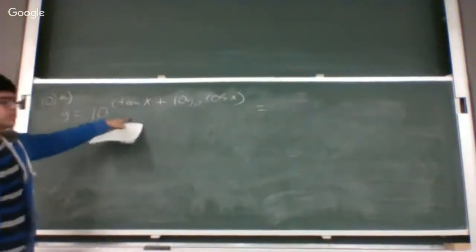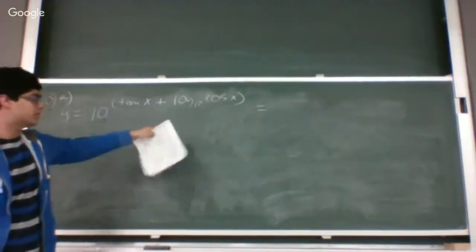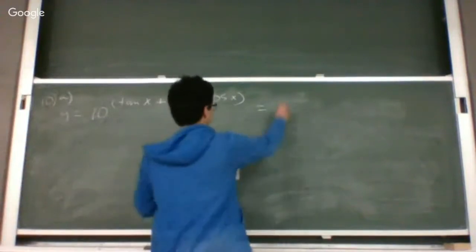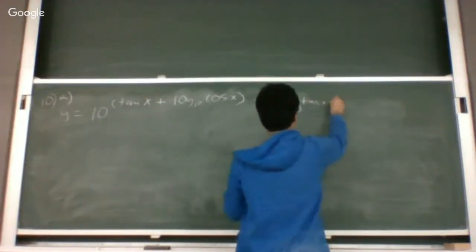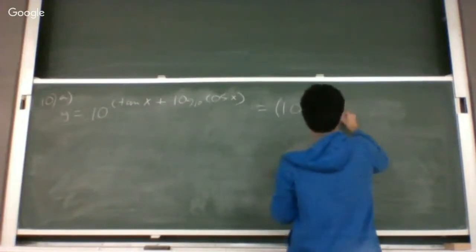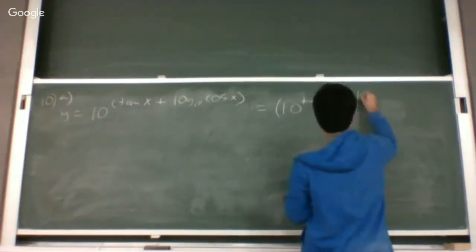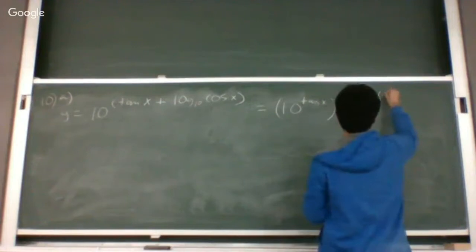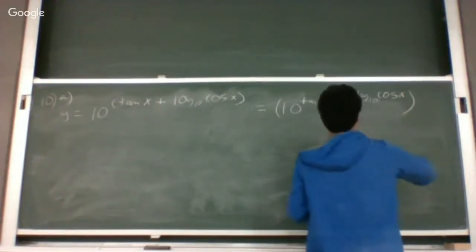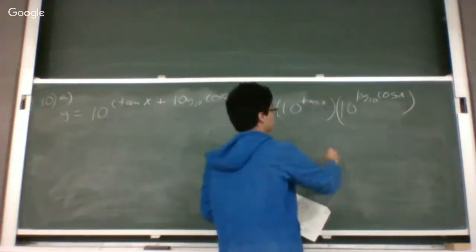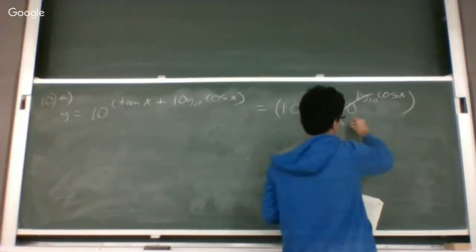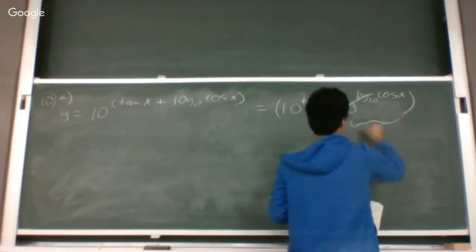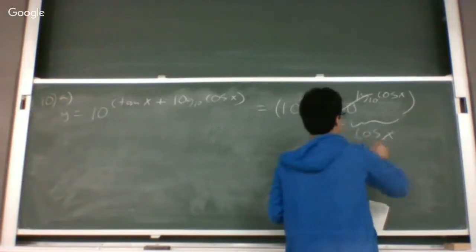Since this is 10 to some power and these are added, this can be rewritten as 10 to the tangent of x times 10 to the log base 10 of cosine of x. Using our property of logs, 10 to the log base 10 goes away, so we're left with cosine of x.